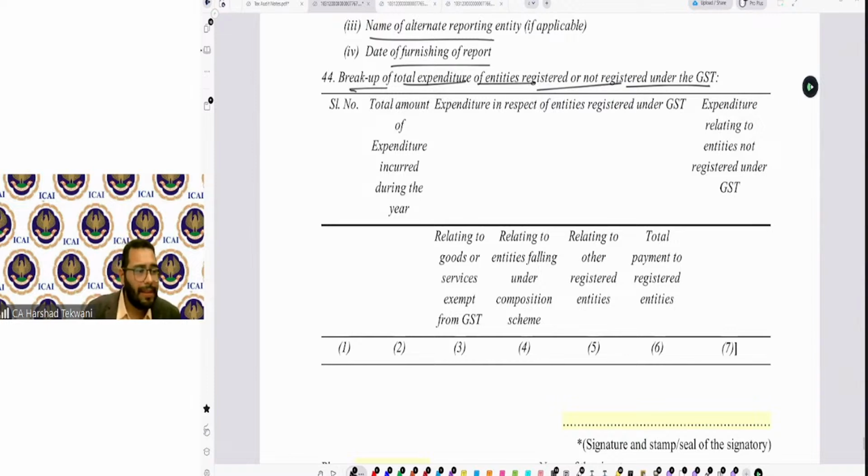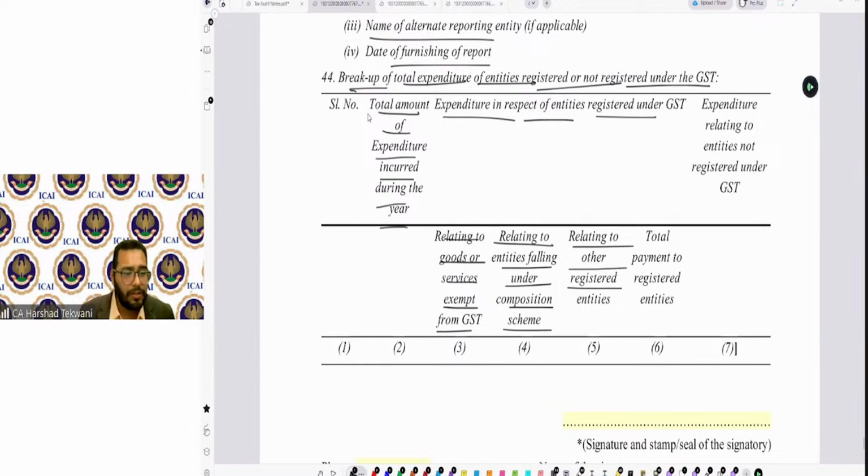For example, the total amount of expenditure incurred during the year, expenditure relating to goods and services exempt from GST, relating to entities falling under the composition scheme, relating to other registered entities, total payment made to registered entities, and then expenditure relating to entities not registered under GST. Here we are required to provide total payment to the registered entities.